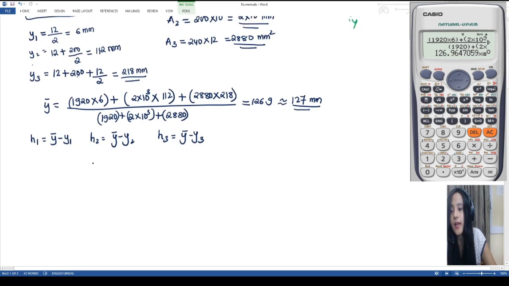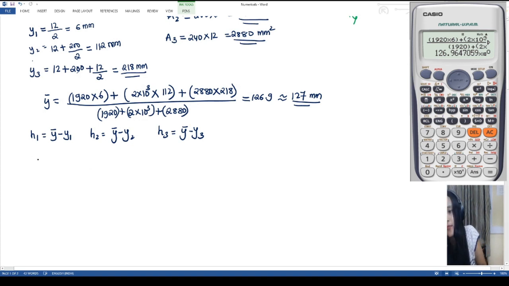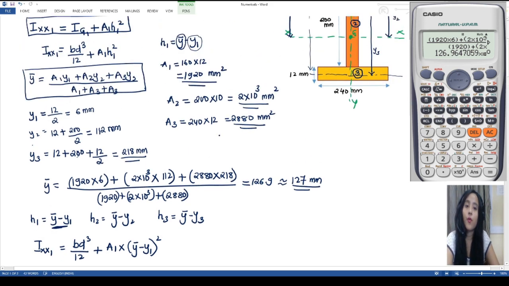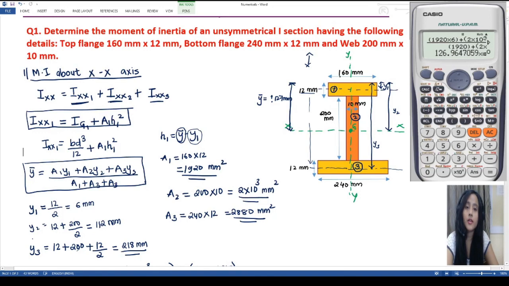Now let me find Ixx1. So my Ixx1 will be equal to bd cube by 12 plus area 1 into h1 square. In place of h1, I'm going to put y bar minus y1 squared. For this top flange, section 1, b is equal to 160 and d is 12.